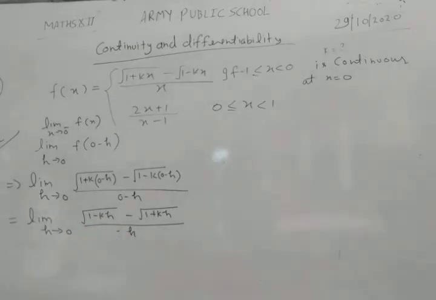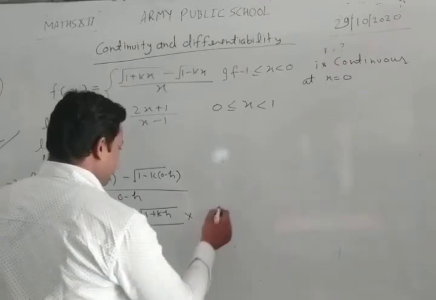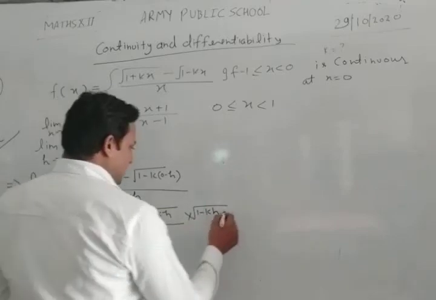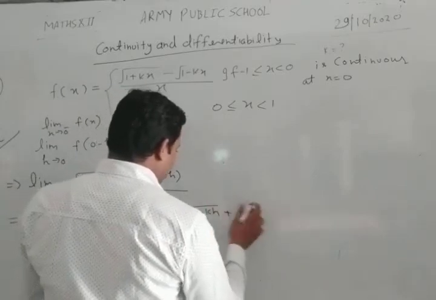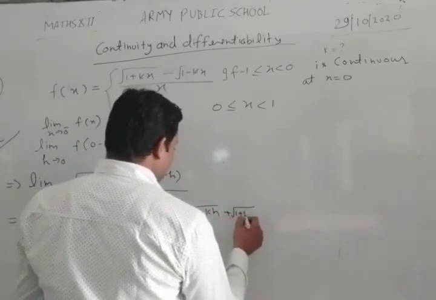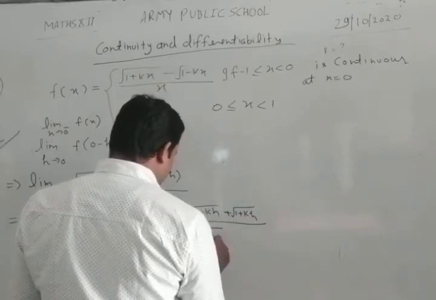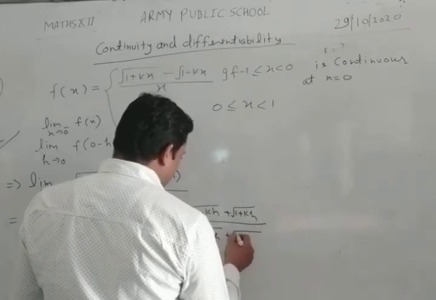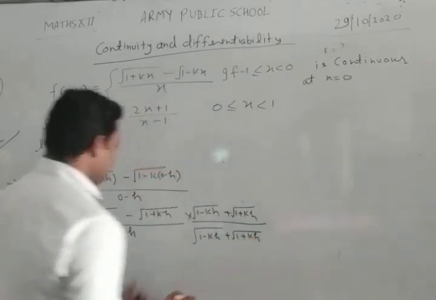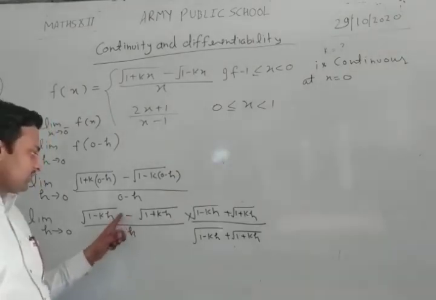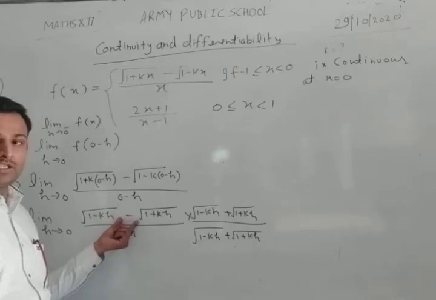We multiply by under root 1 minus kh plus under root 1 plus kh, divided by under root 1 minus kh plus under root 1 plus kh. We are rationalizing this with the opposite sign on the numerator.